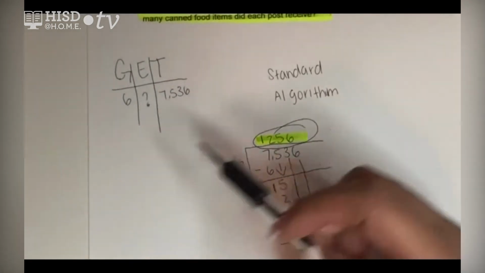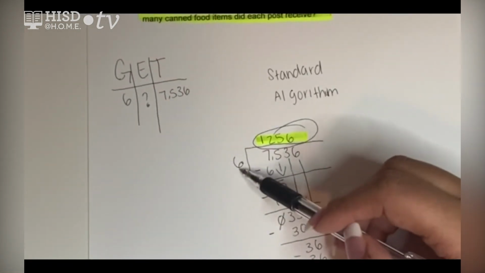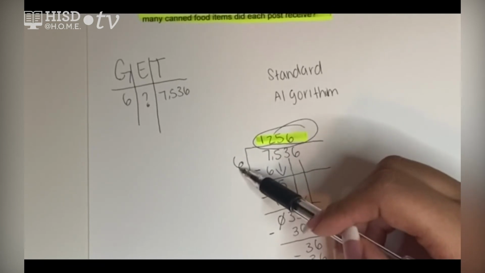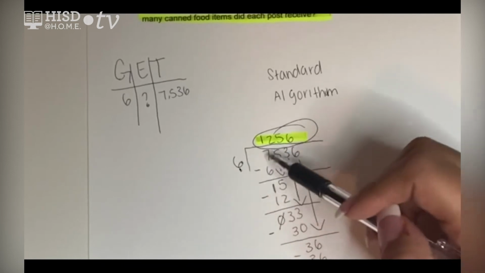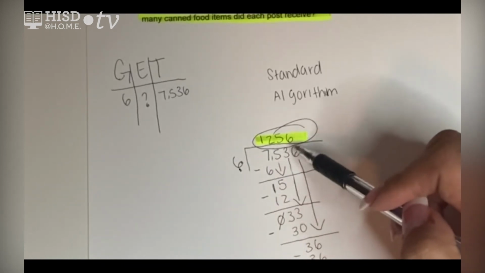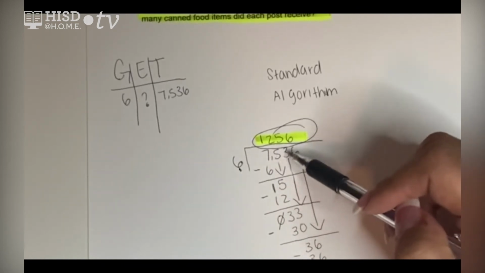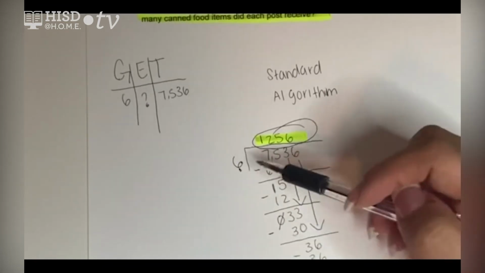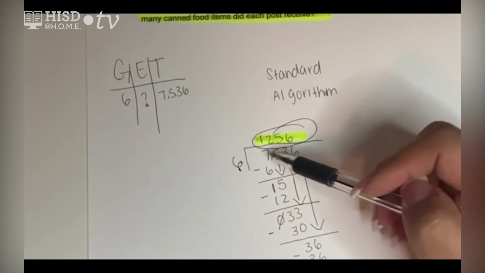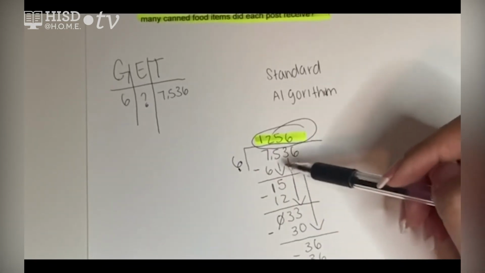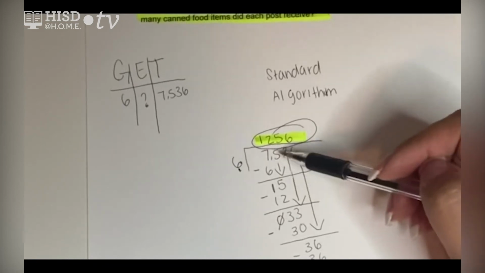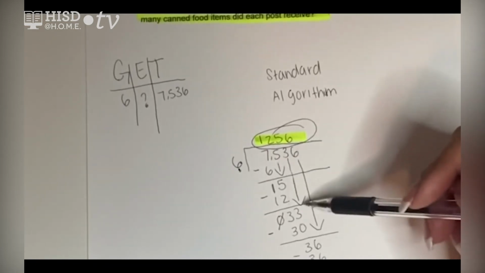So what we do in standard algorithm, guys, is we go ahead and we look at the value of the divisor and we see how many times the divisor can go into each number of this dividend. Okay, so we look at every single number, one by one. And if it can't do it anymore, we drop the next number down.